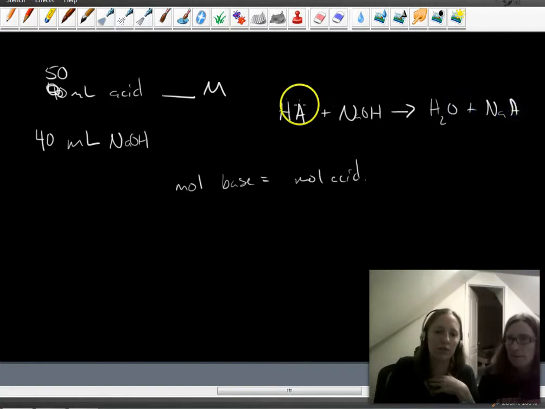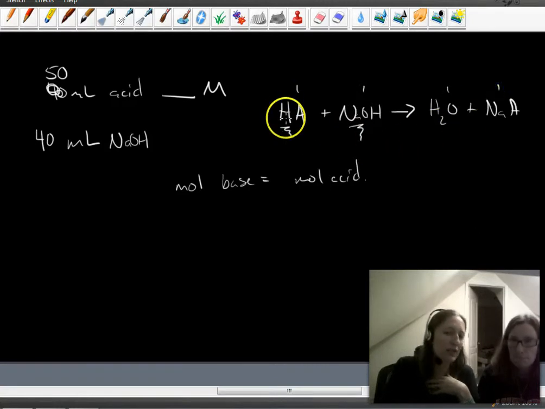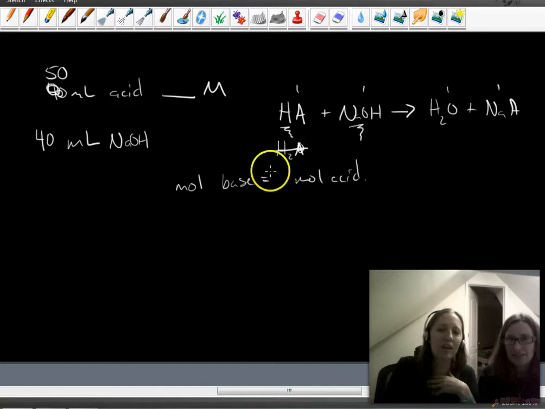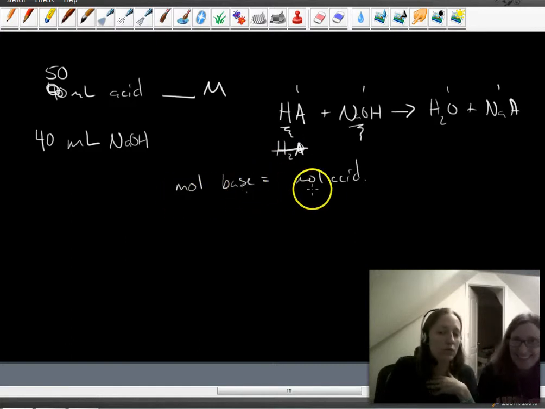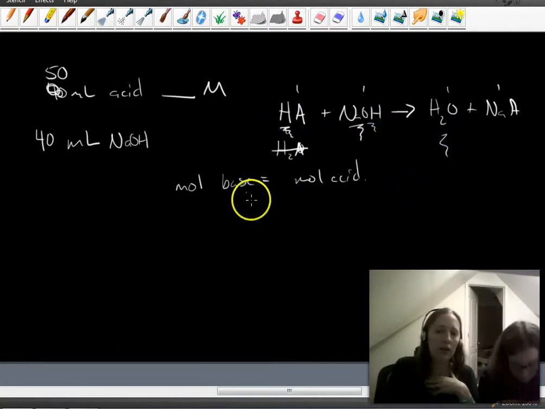Whatever this is, it might be NaCl or something. This is a 1 to 1 to 1 to 1 ratio. It would be different if you had a diprotic acid, but we're not messing with that yet. We'll do that later. But your moles of base are equal to your moles of acid. Your moles of H's and your moles of OH's end up being equal because you make an H2O.